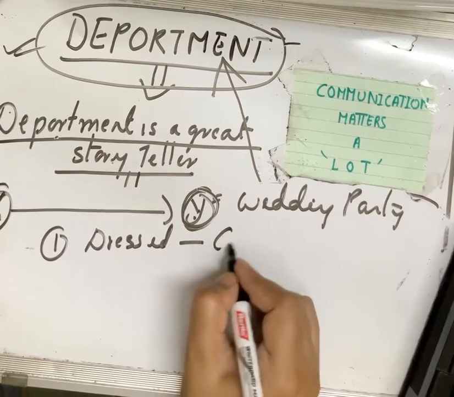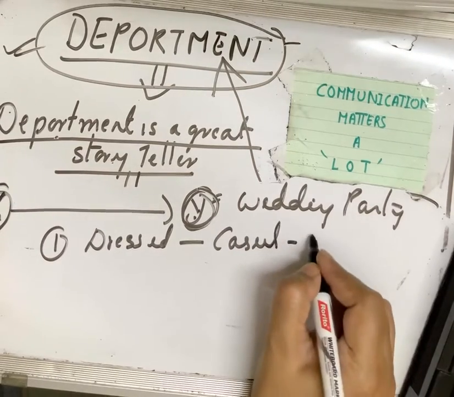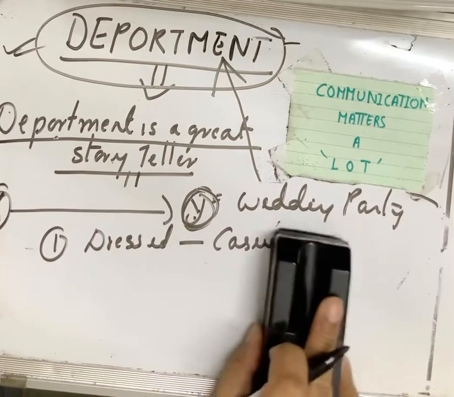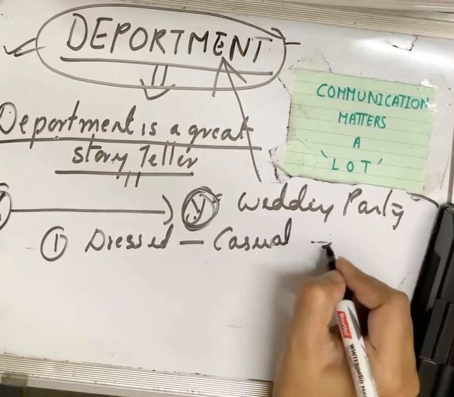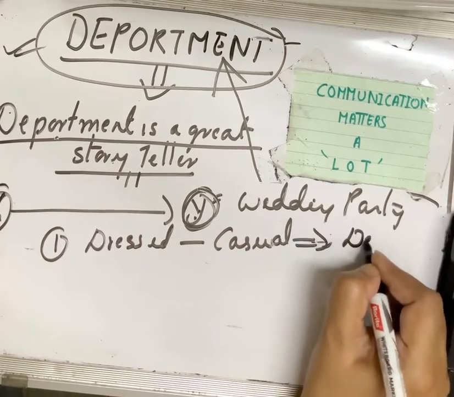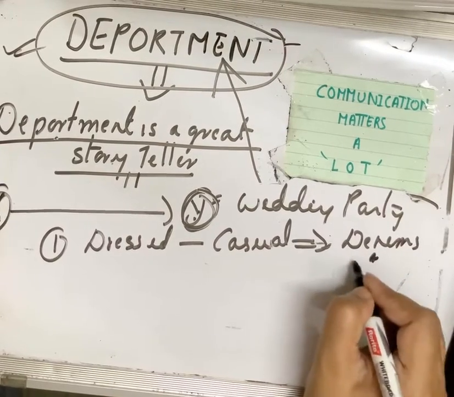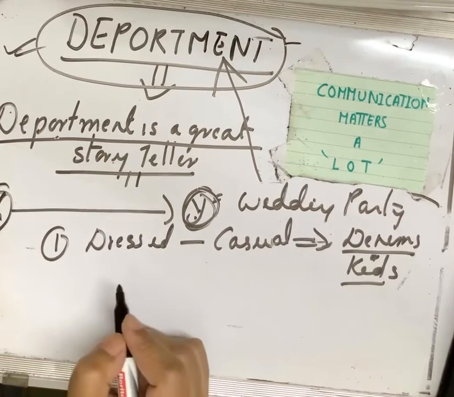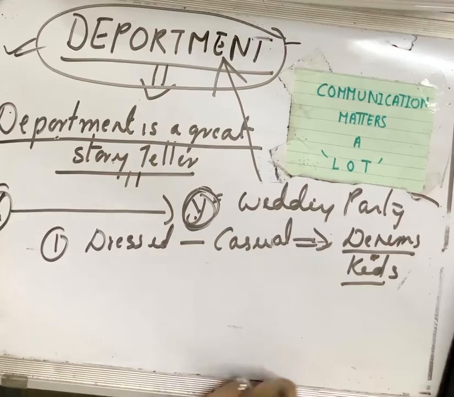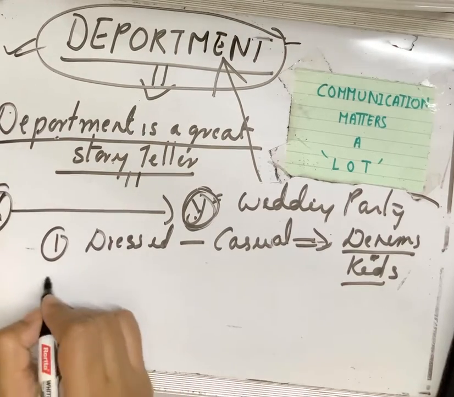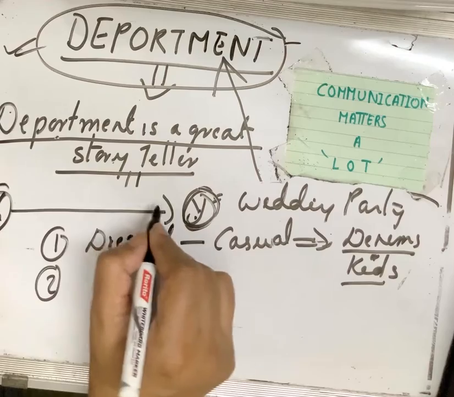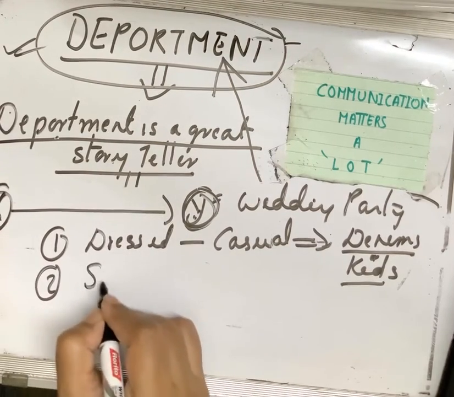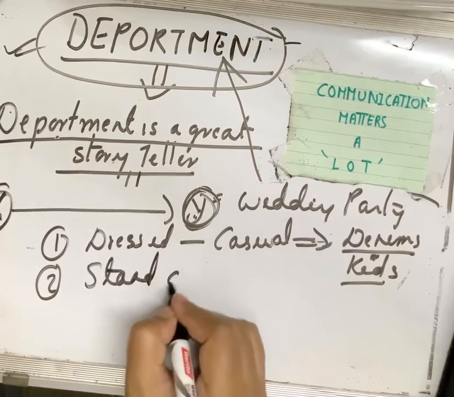That means she's very casual. Maybe she's wearing her denims and sneakers, and she's not even wearing any jewelry, any makeup, no accessories. And second, X is maintaining a distance. Instead of coming and hugging Y, X was standing away from her.